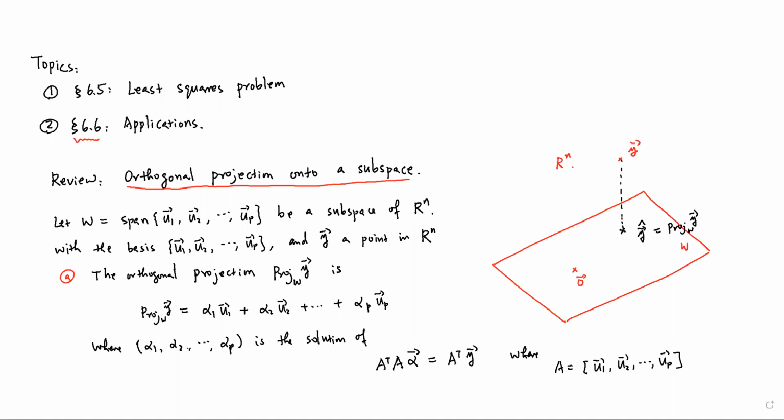This is A. Alpha, of course, this vector is alpha 1, alpha 2, and alpha P. So this point is the point in the subspace W that has the shortest distance from the given point. Okay, yeah. This is a review about orthogonal projection.